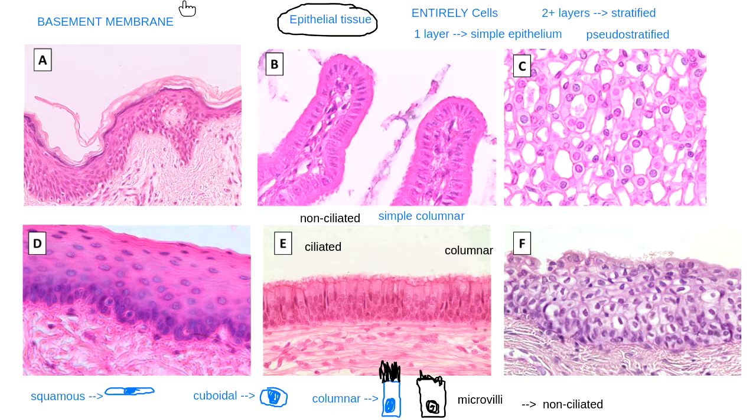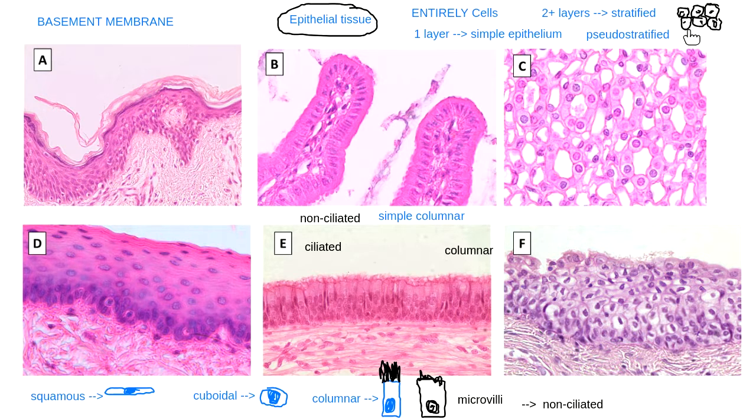So typically, we looked in our office hours this morning at some stratified cuboidal epithelium that we find in sweat glands. We could see a couple of distinct lines of cells. And I'm sorry, that's so ugly, but pretend it actually looks like cells here. We had stratified cuboidal, more than one layer of cube-shaped cells.